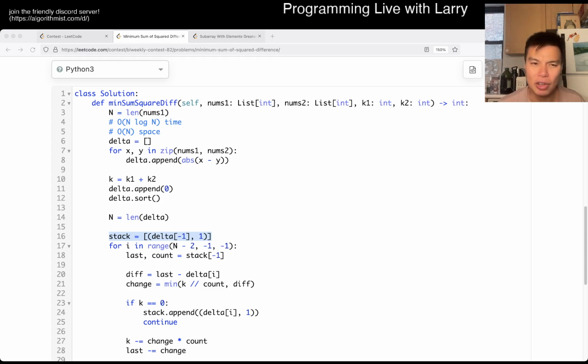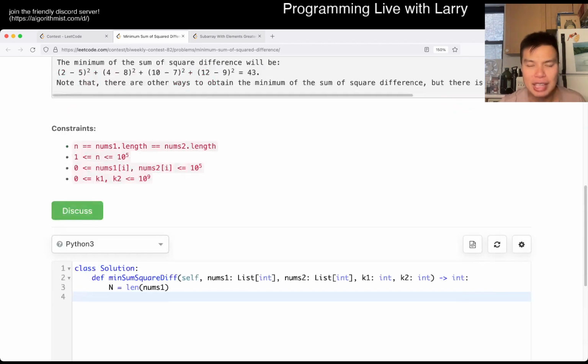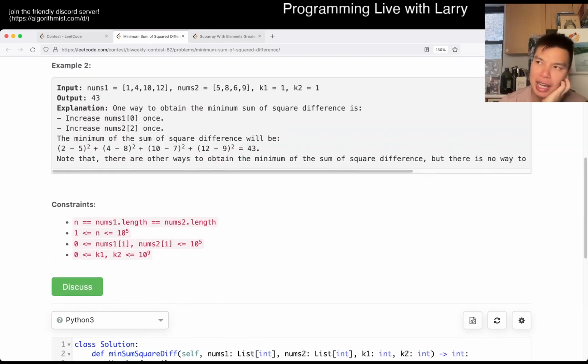I thought about this during the contest, to be honest, but I saw the simulation solution, so I just opted for that one because I was more confident about it at the time. I was clearly a little bit wrong because it took me half an hour. So let's see if I can do this with binary search, because I was worried about not being able to handle this quite correctly.